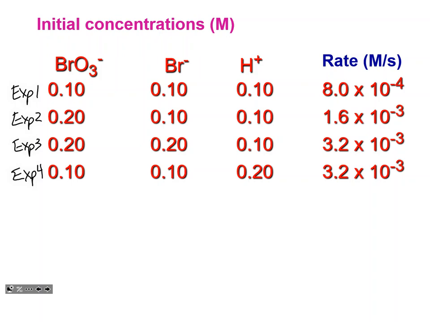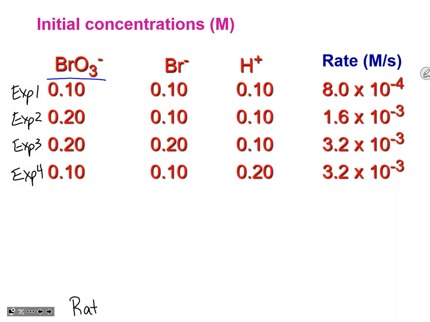Now we're going to do each individual reactant separately, but I'm going to do the long way for bromate, the first one, so you can see the full detail as to where I'm getting this information from, or how I'm putting it into the equation. So let's start with bromate. And I'm going to go ahead and put the generalized rate law here at the bottom that we're going to use.